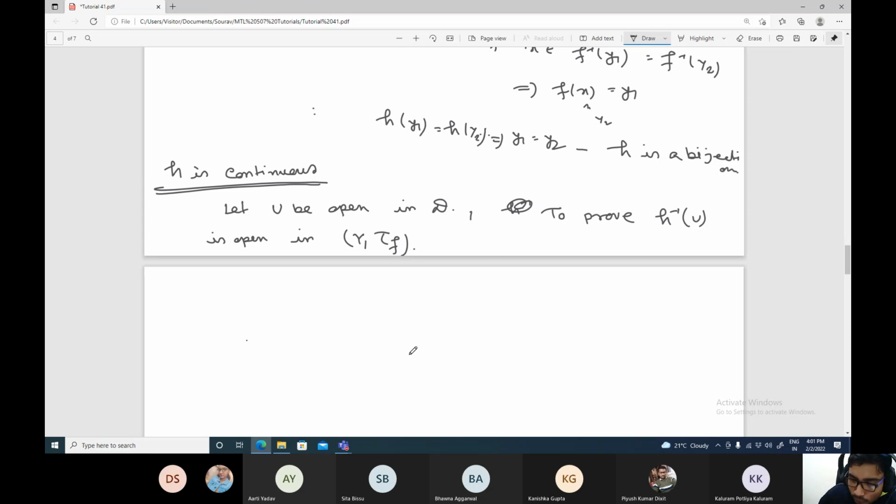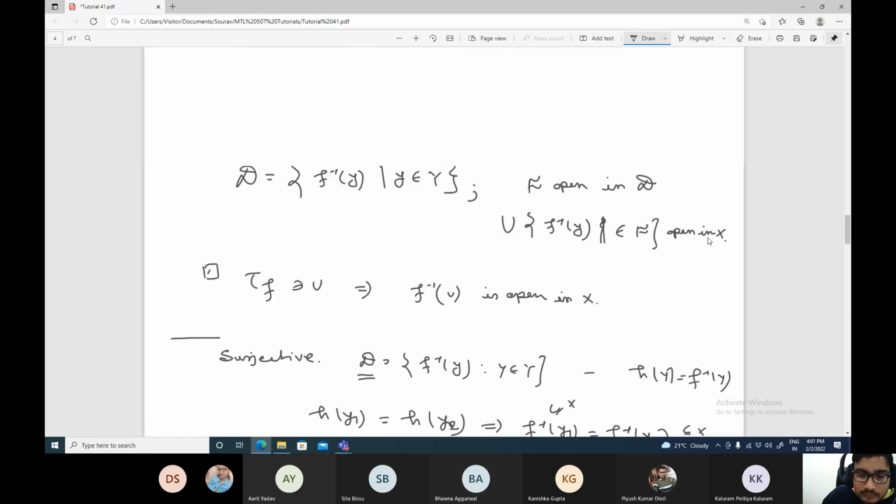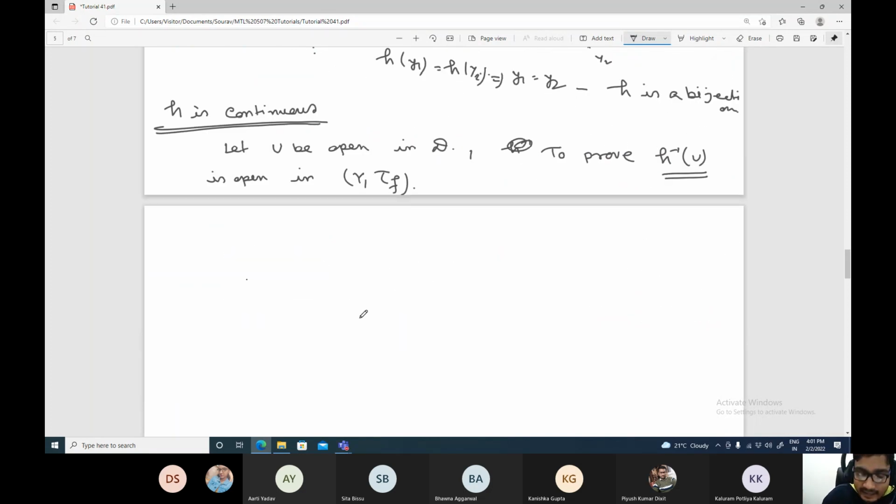So to prove h inverse U is open here, what do we have to prove? You have to prove h inverse U belongs to tau f. That is, f inverse of h inverse of U is open in X. So this one we have to prove, right?